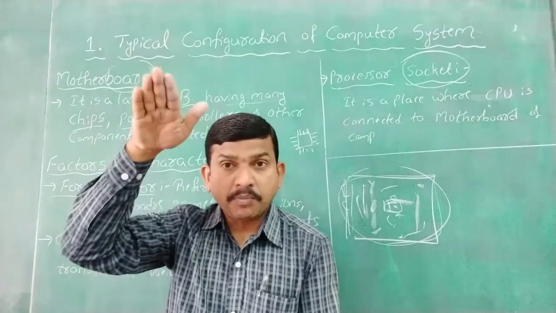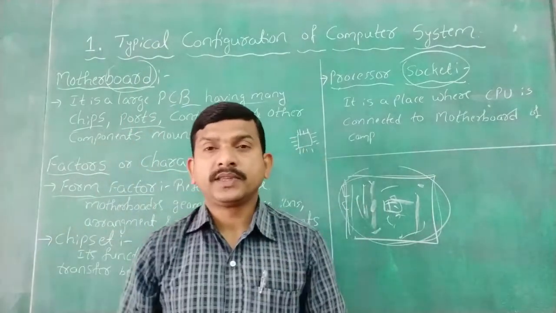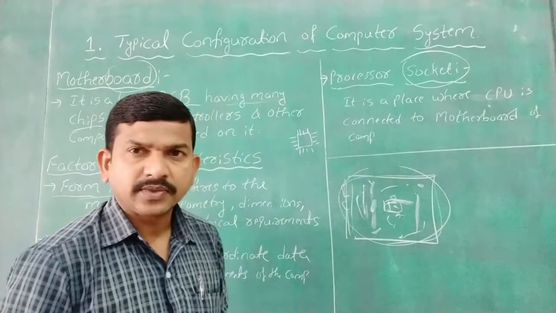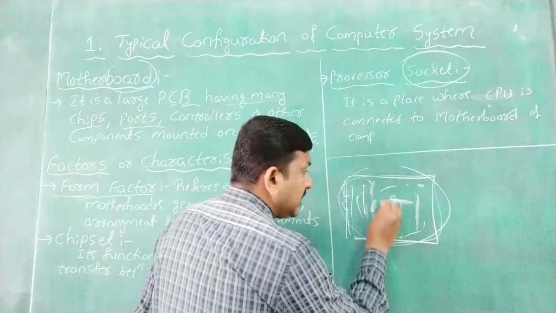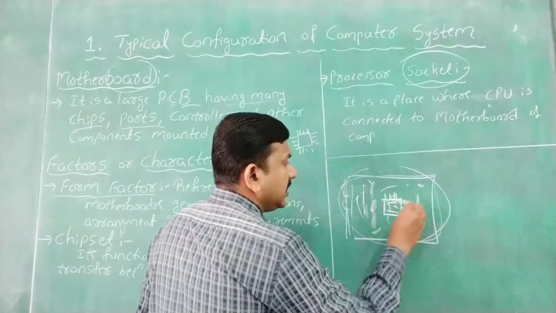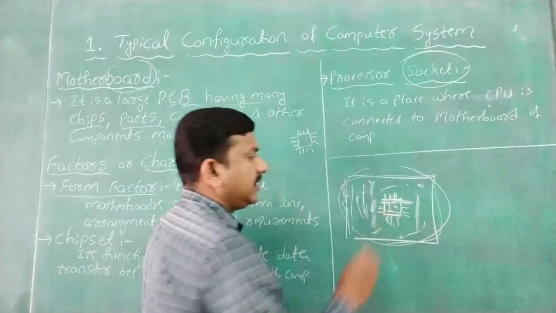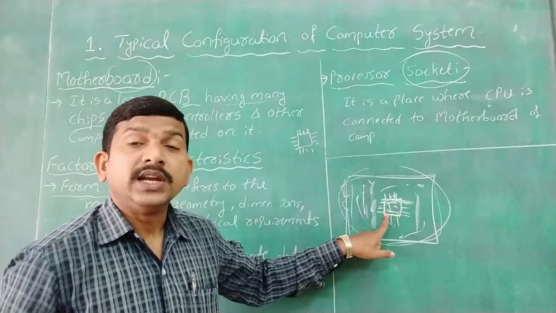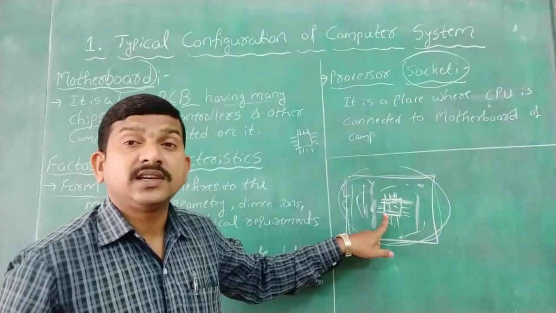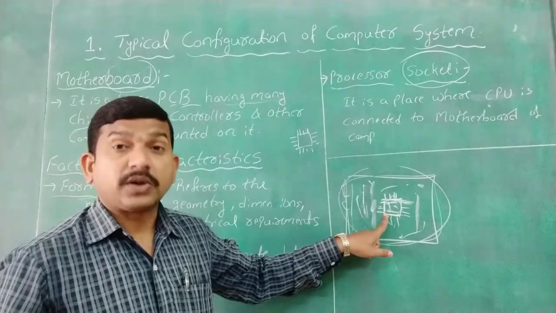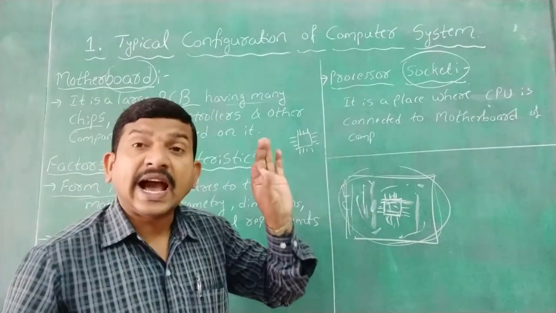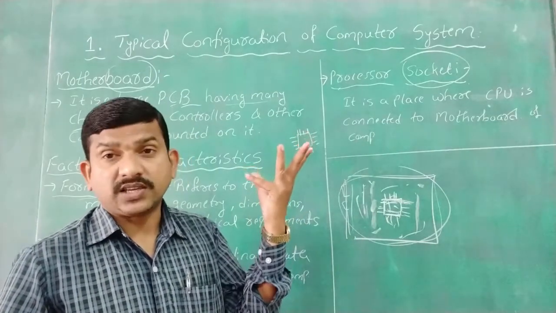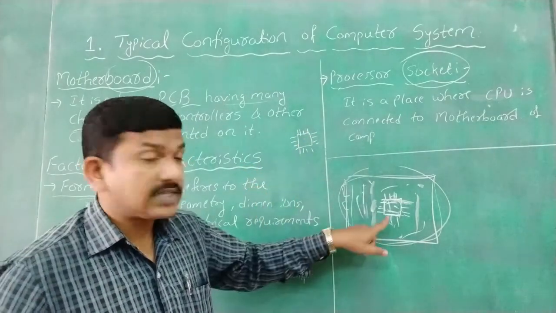But in that box there is one board, and on this board there are so many components. One of those components we call the CPU. It is normally called a processor. It looks like an IC, an integrated circuit, but works very fast with more capacity. So this is a processor.